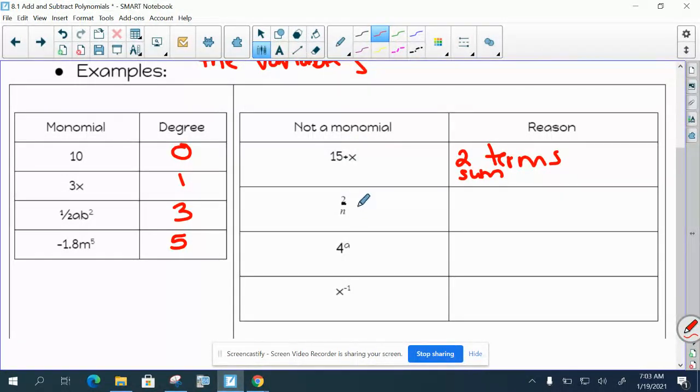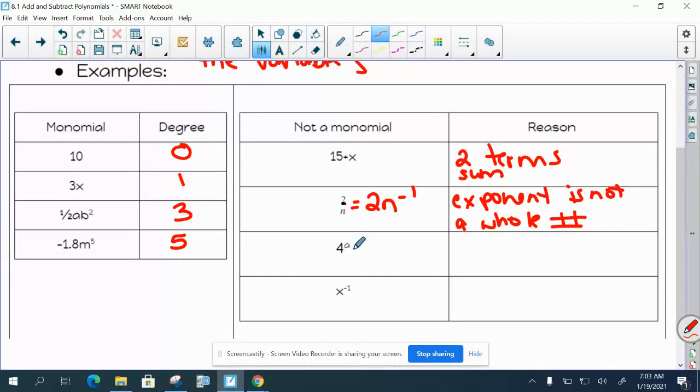Okay, 2 divided by n. Well, remember, this means 2n to the negative first. So this would be not a whole number exponent. So the variable can't be in the denominator.